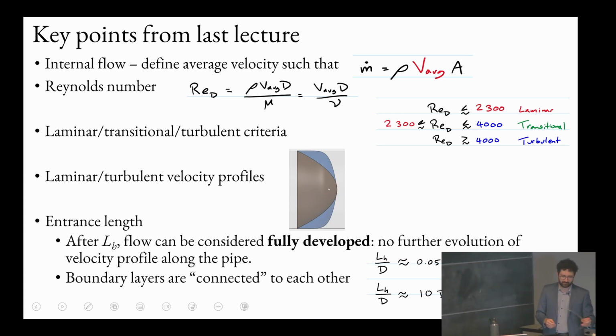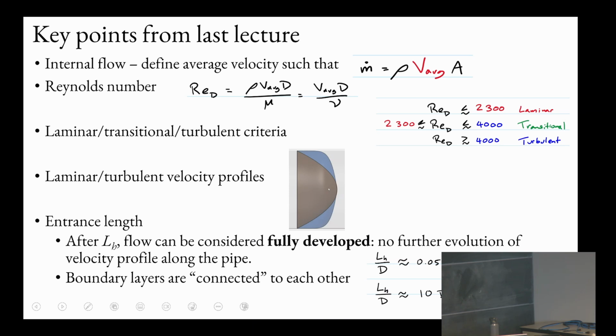I didn't have time to show this last time, but I have a visual aid here for entrance length. This is just a tube. Assume this is fully turbulent flow through this tube. I've indicated roughly what the entrance length on this tube would be, and also the developing region and the fully developed region.